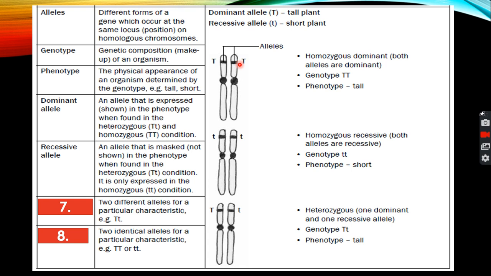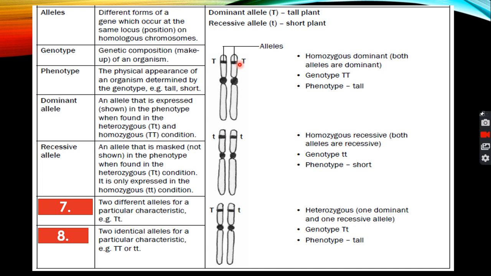And homozygous, homo means the same. Big T, big T, that's also dominant. So then those plants will be tall. So I find that whether big T big T or big T small t, they are all tall because big T is dominant. And then recessive is the opposite. For example, small t.